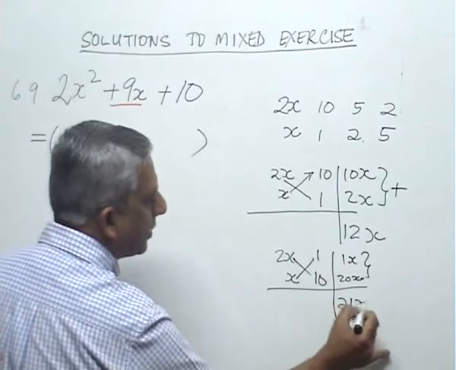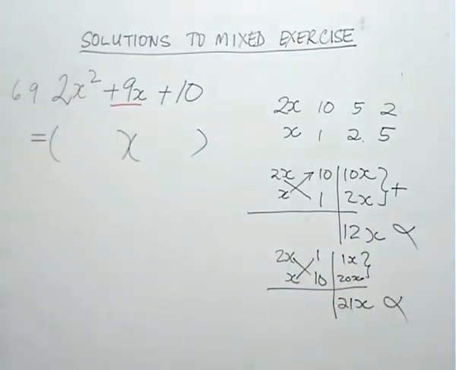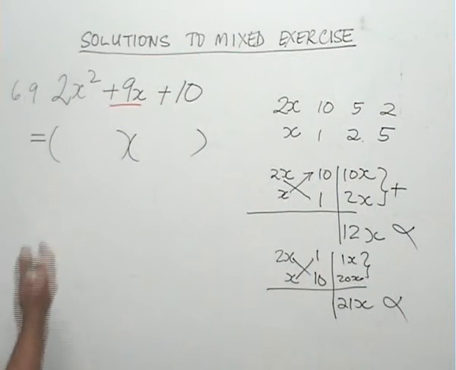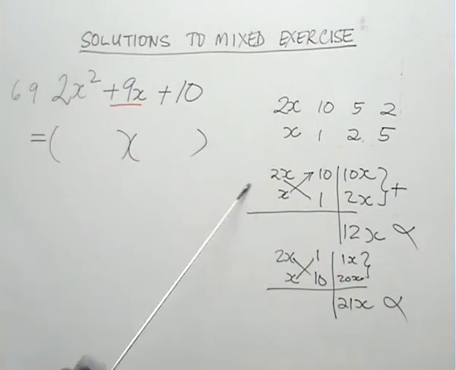Add them up, you get 21x. So you know that that one is wrong and this one is wrong. So both these choices were wrong. So I've got to make another choice. So in trinomials, you will have to make choices, and it doesn't mean that your first choice will be right. Your first choice might be wrong, your second choice might be wrong, and only your third or fourth choice might be right. So now we have to make a new choice.